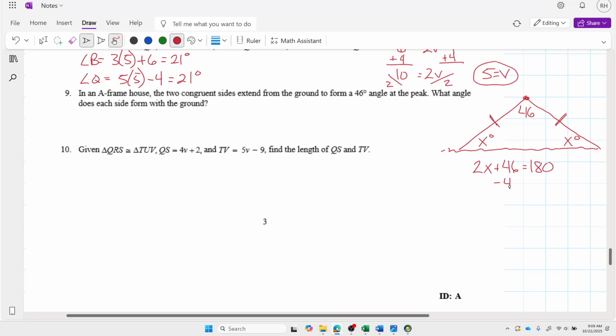So subtract 46 from each side. 136, and then divide by 2. 136 divided by 2 is 68 degrees.